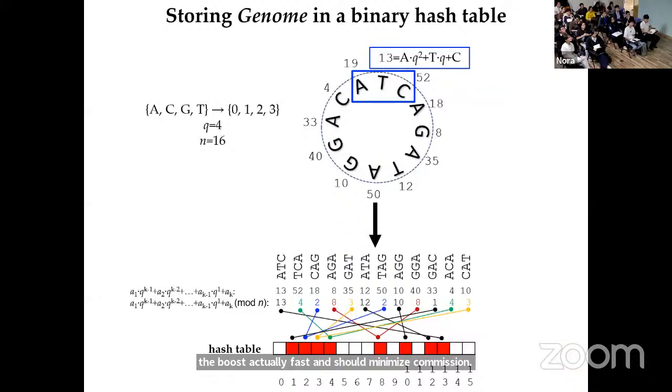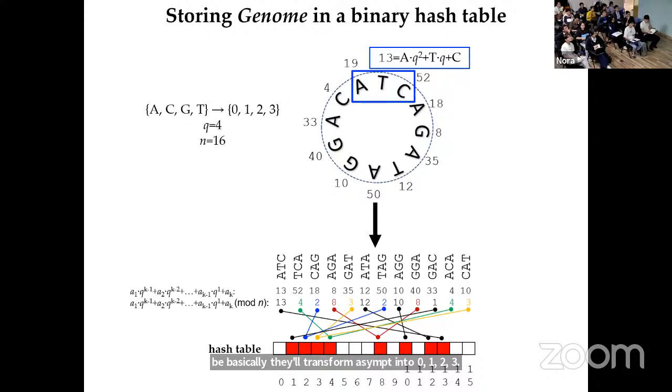For example, we can store this genome in a binary hash table like this. Our hash will be A times Q squared plus T... basically, we'll transform ACGT into 0, 1, 2, 3. We'll check Q equals 4, size of the hash table equals 16.